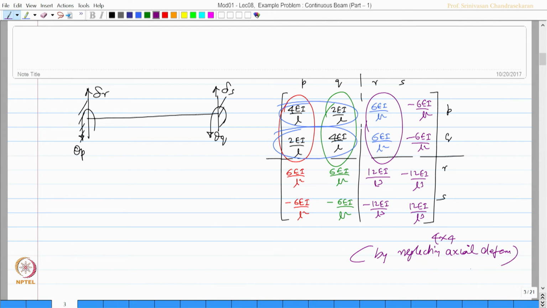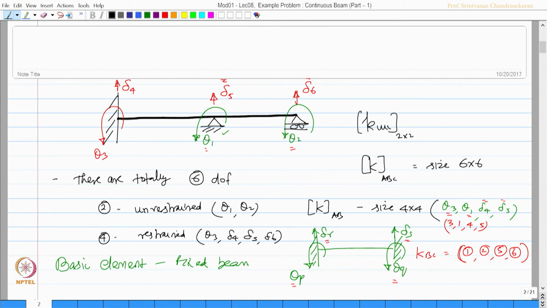We will use this for our problem. Let us say in our case, I want to draw two separate beams and mark the labels. For me, the basic element is a fixed beam. Let us say AB will have labels 3, 1, 4, 5.